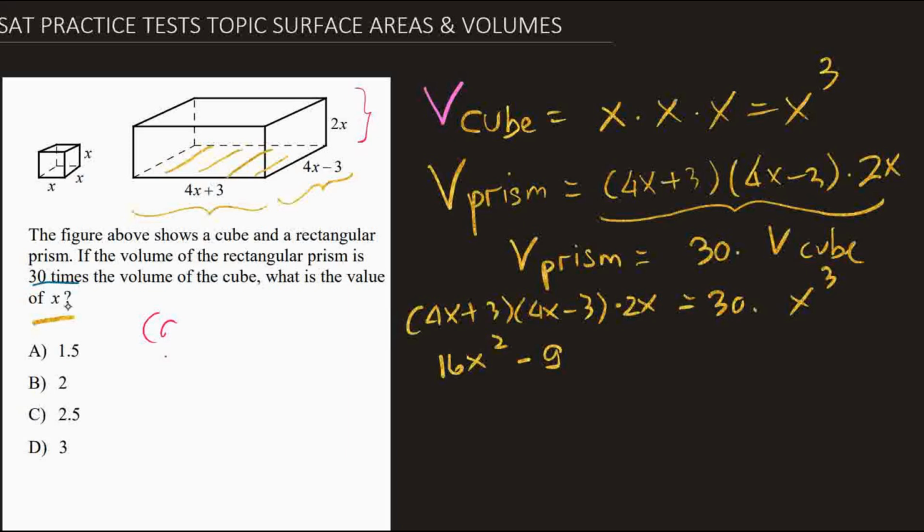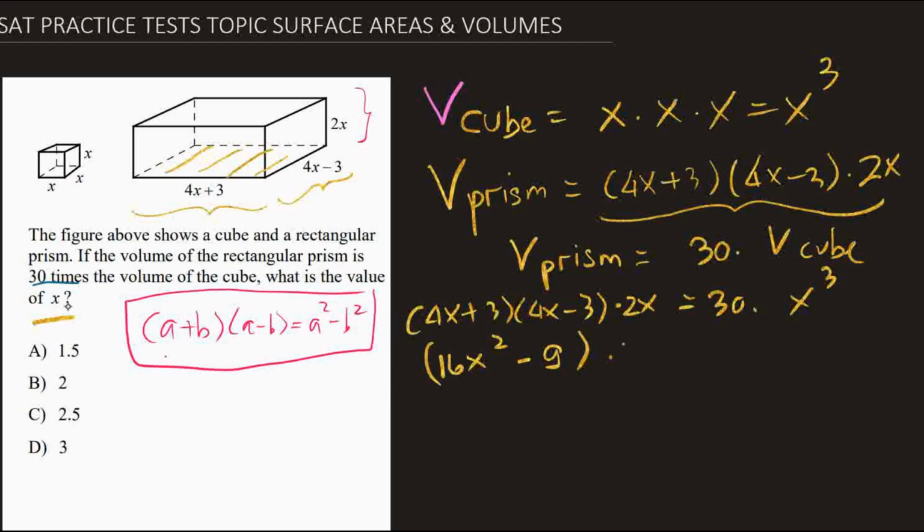I write in here a plus b, a minus b will be equal to a squared minus b squared. This is difference of squares. Use this formula. So times 2x equals to 30x cubed.